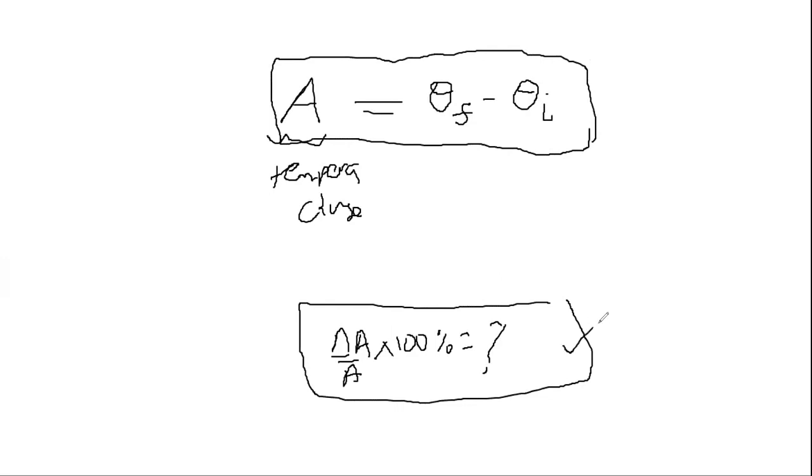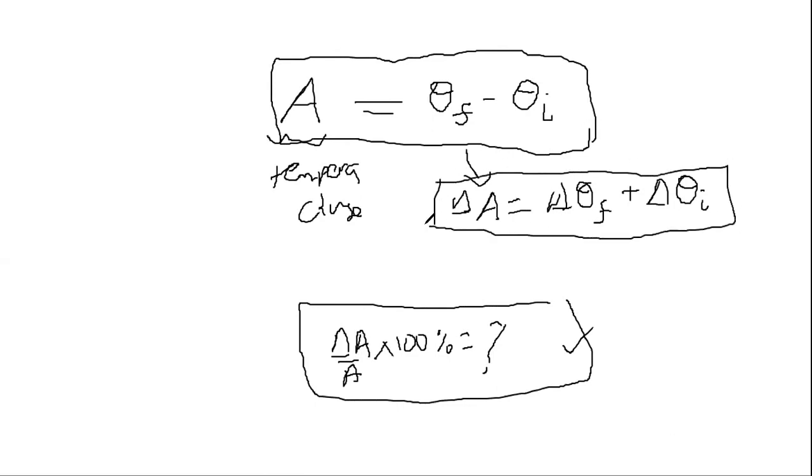So write the uncertainty formula for A. Change of A equals the change of the final temperature plus the change of the initial temperature. So this is the uncertainty formula, second level.